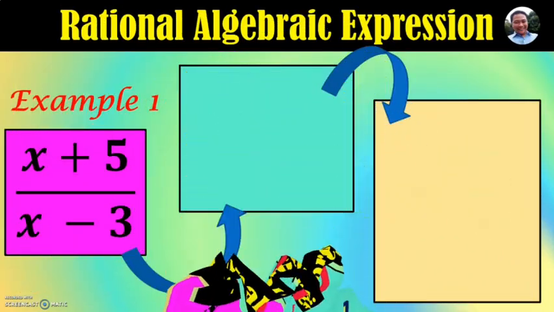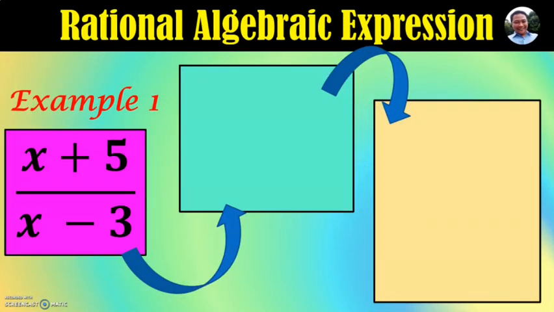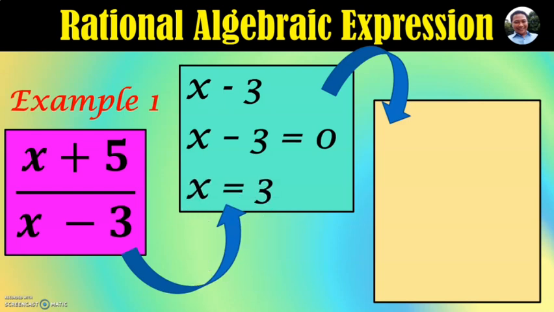Okay, here, example number 1. X plus 5 over x minus 3. What would be the value of x that would make the given rational algebraic expression undefined? We have here x minus 3 equated to 0. Then transpose negative 3 to the other side of the equation. X now is equal to positive 3.